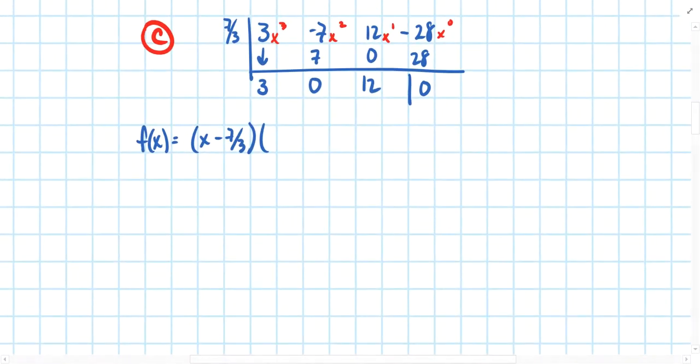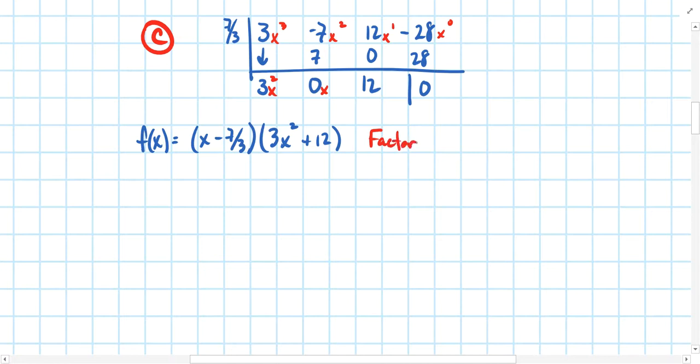We now have 3x squared, 0x to the 1st power, and 12x to the 0th power. So what we're left with is 3x squared plus 12. And that's it. That's the factored result of the original polynomial.